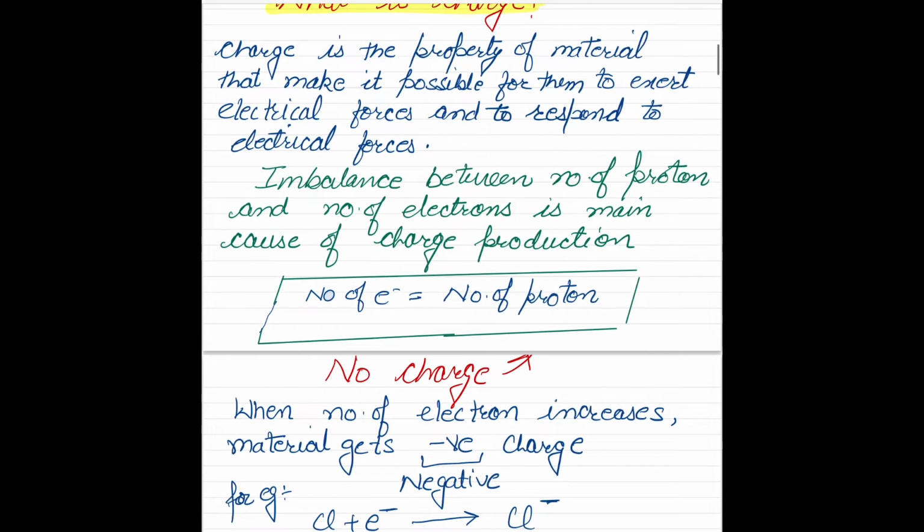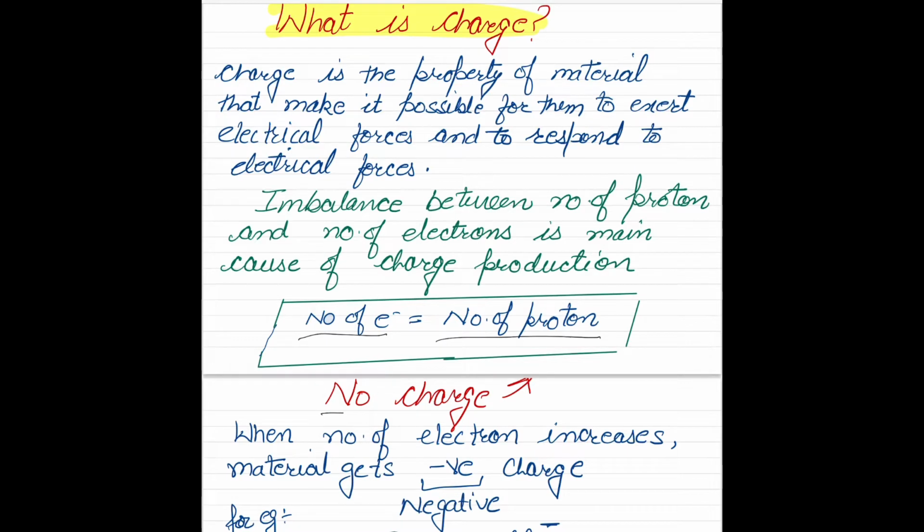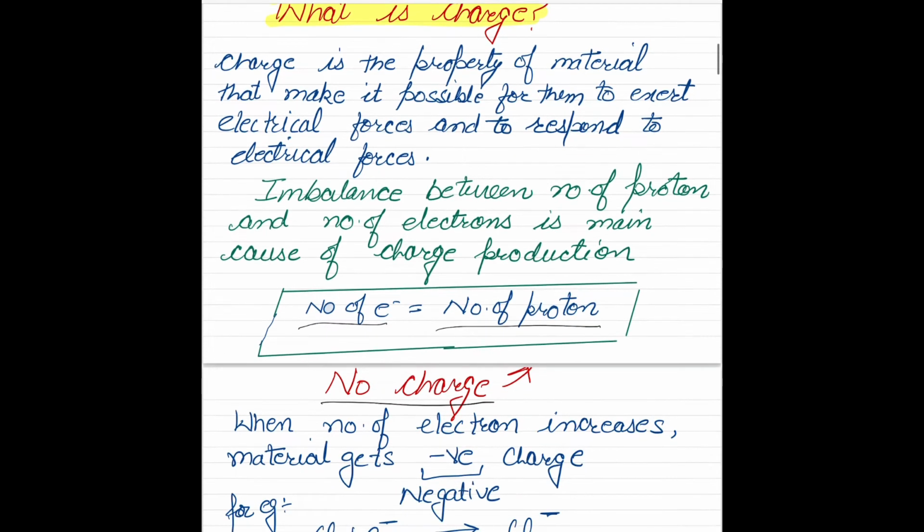If you have a neutral atom, it means that the number of protons is equal to the number of electrons, so the body will have no charge. All neutral atoms, like hydrogen, helium, copper, neon, when you don't provide or fetch out any electron, your body is neutral.